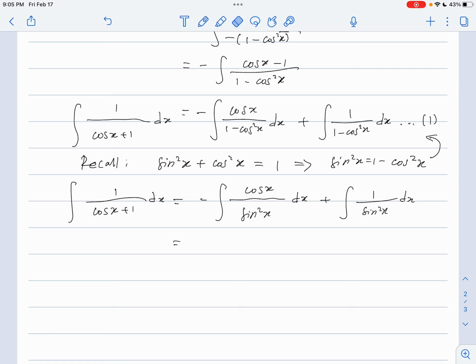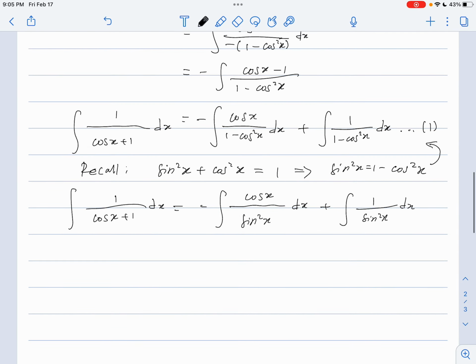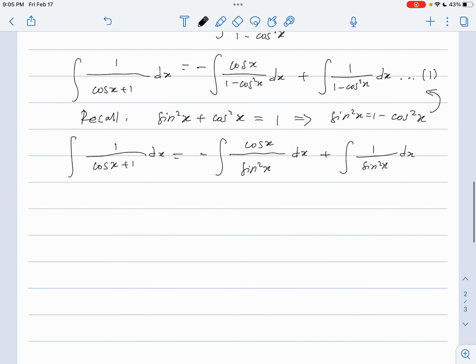Let me do something that we call a substitution in the integral. If you look at what we have here, we have cosine x dx on the top and sine squared of x at the bottom. I think it's a good idea to substitute sine of x as a particular variable.